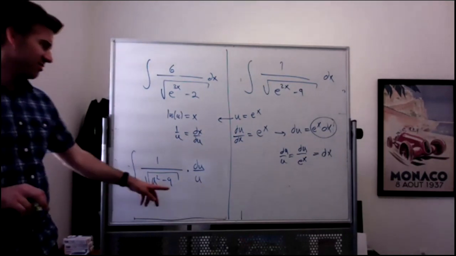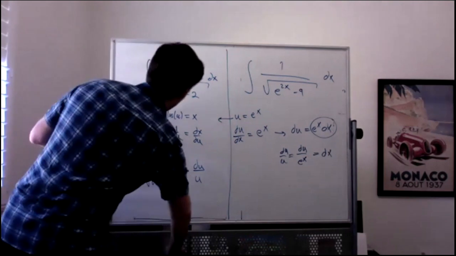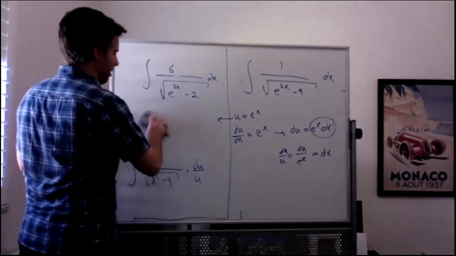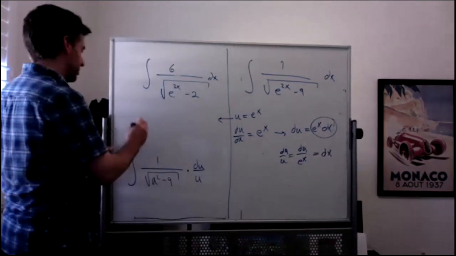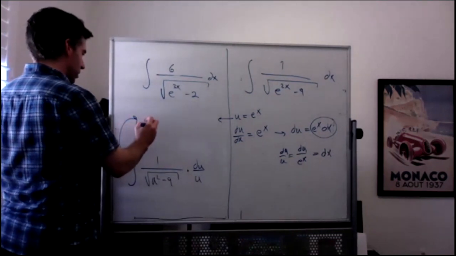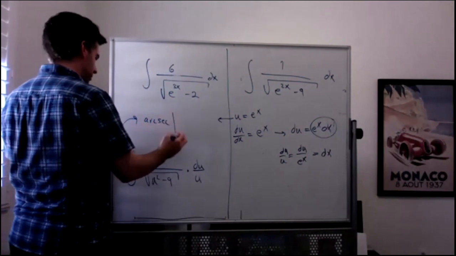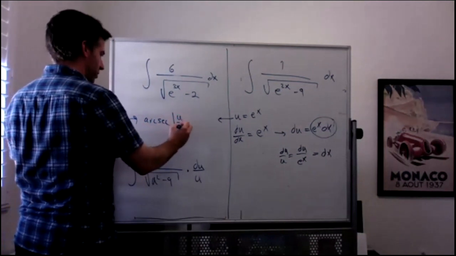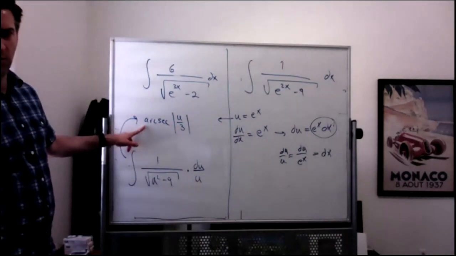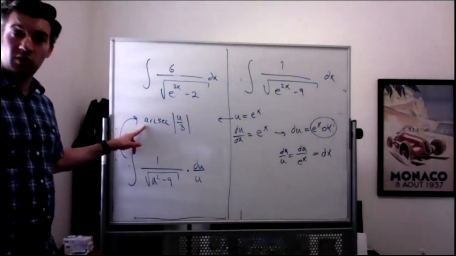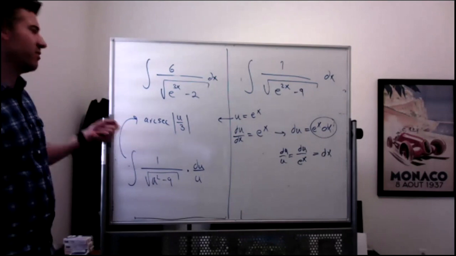I always have trouble when it's 9 there, but I'm fairly sure it's supposed to be the arc secant of the absolute value of u over 3. And there may or may not be a 1/3 out in front here. I'm not sure because this is the one that I don't practice very often.